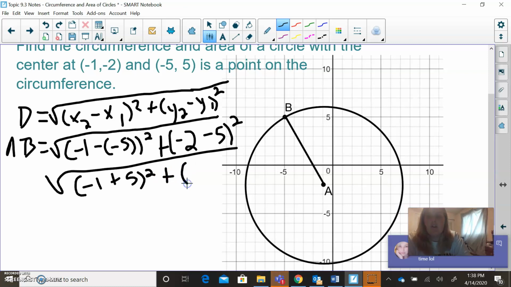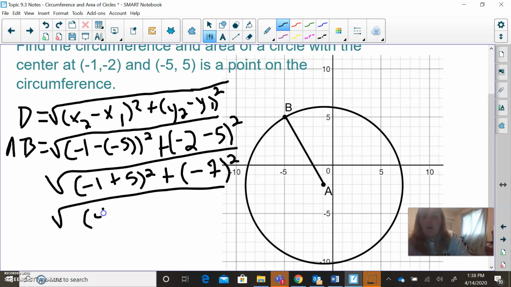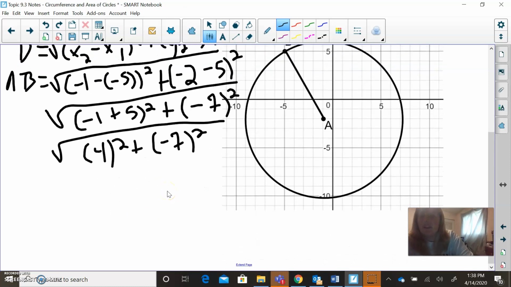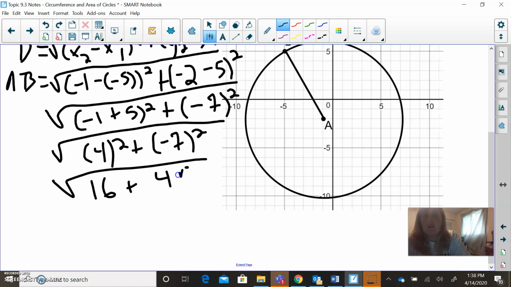-2 minus 5 is -7 squared. Let's keep going. -1 plus 5 is 4. So 4 squared plus -7 squared. 4 squared is 16 plus -7 squared is 49. 16 plus 49 is equal to 65.